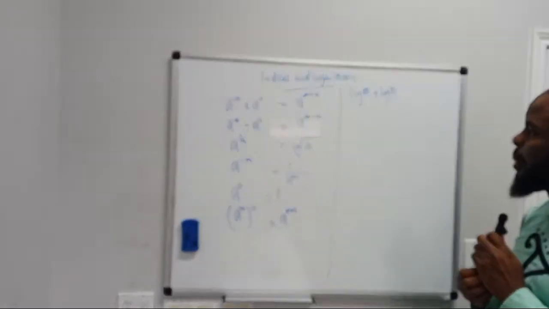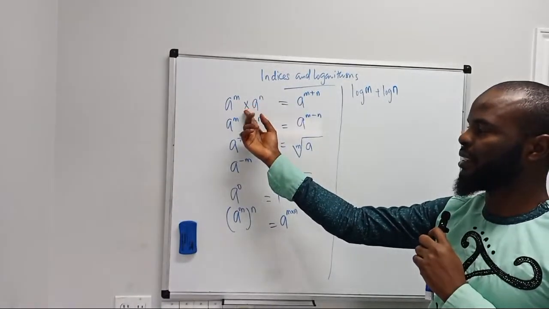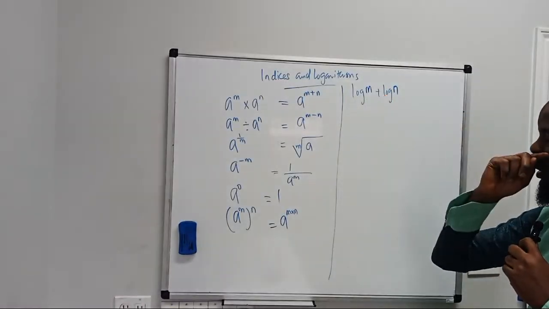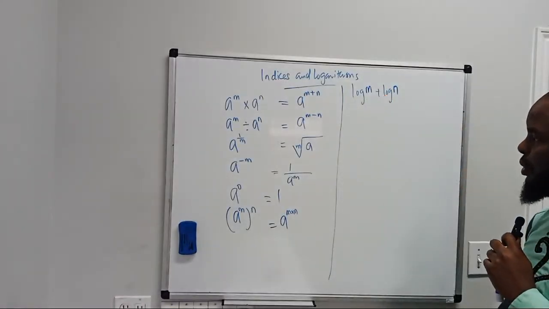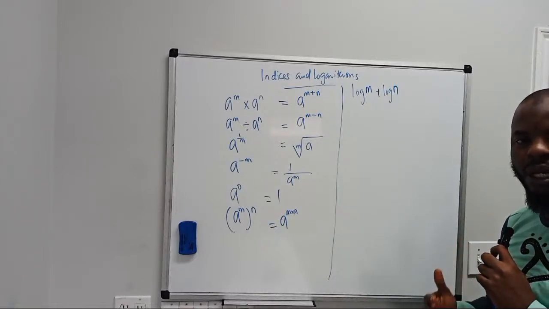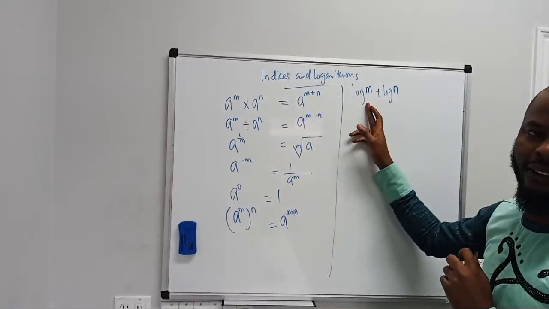If you look at this, in the case of indices we have the two indices separated by times, but in the case of logarithm you have them separated by plus. The first thing to take note of is that whenever the logarithm of a number is given without the base being indicated, we assume the base is base 10.